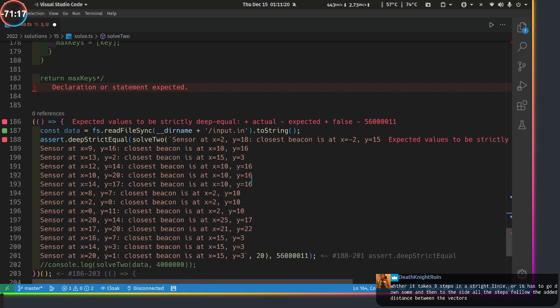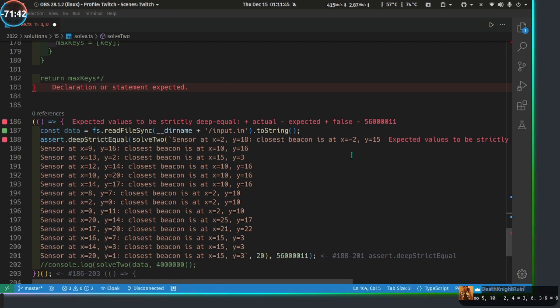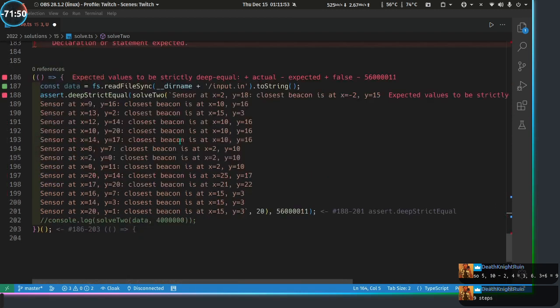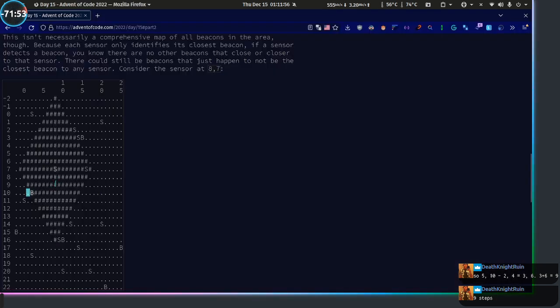It is right, it's just not fast enough. 9 steps in a straight line, or has to go down some and then to the side. 5, 10, negative 2, 4, and 3. 3 and 6 is 9. 9 steps.